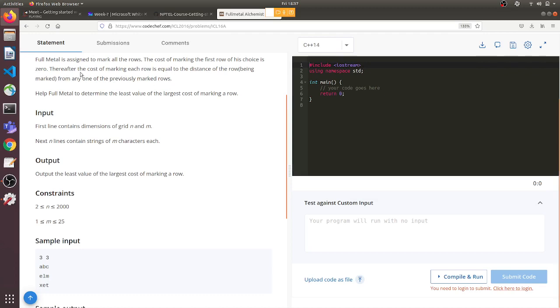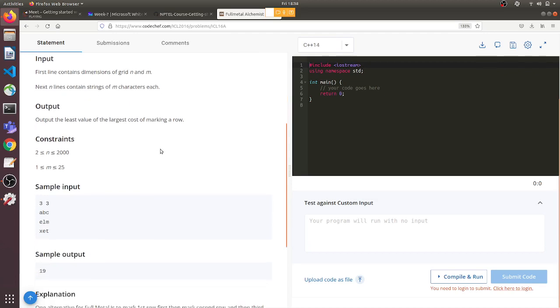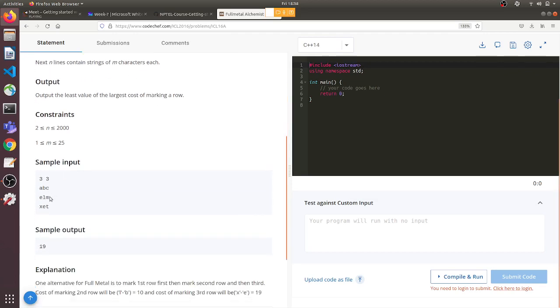So the cost of marking each row is equal to the distance of the row from any one of the previously marked rows. So for example here, when we are marking the first row, the cost is 0.